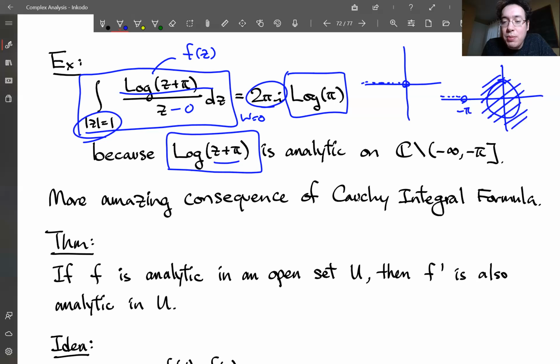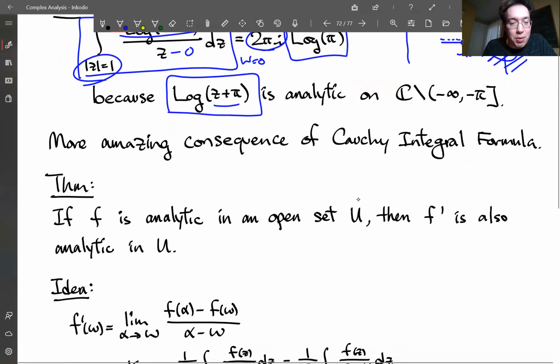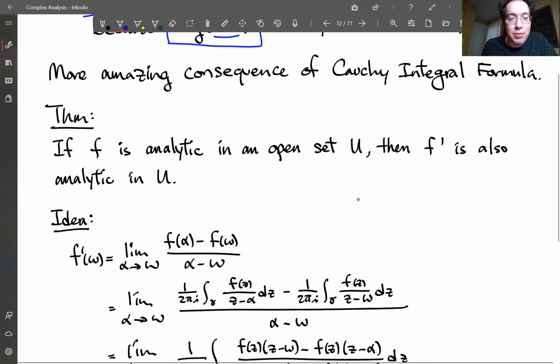We're going to push this formula a little bit. So here's a theorem that I want to prove. If f is analytic in an open set U, then f prime is also analytic in U. If you try to understand what this theorem is saying, analytic means that you have a function that's differentiable, right?